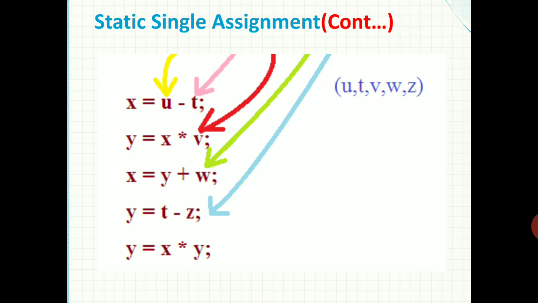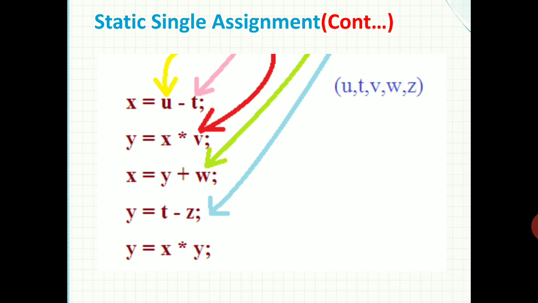Here u, t, v, w, z already have some assignment or meaning, x has two assignments and y has three assignments. It is due to these x and y assignments that it is not in single static assignment. Here there is more than one assignment for x and more than one assignment for y, so it is not in static single assignment.